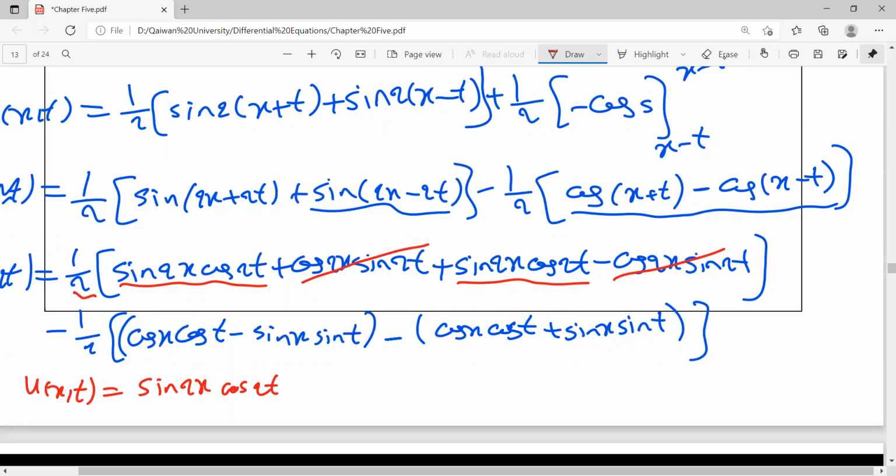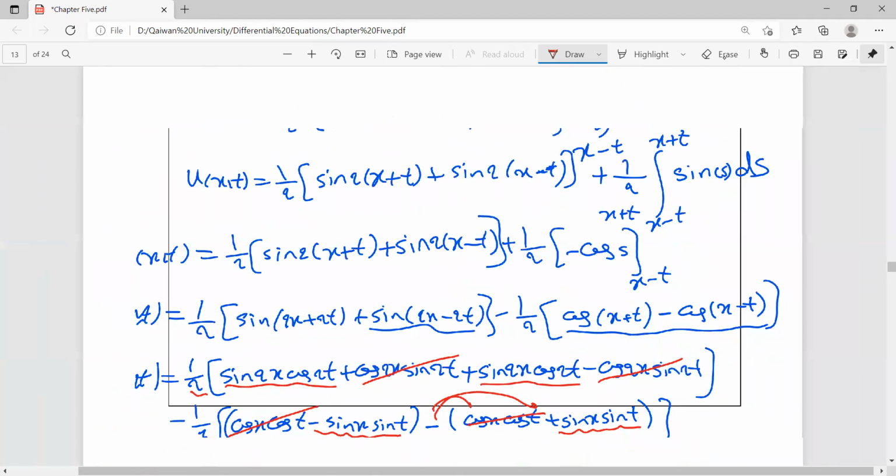And then in the next bracket, if we enter this negative sign into this bracket, the cosine x cosine t terms cancel out. Here we get minus sine x sine t, and here also you get minus sine x sine t. That means you get minus 2 sine x sine t. With this minus a half, it gives sine x sine t. So you get sine 2x cosine 2t plus sine x sine t.